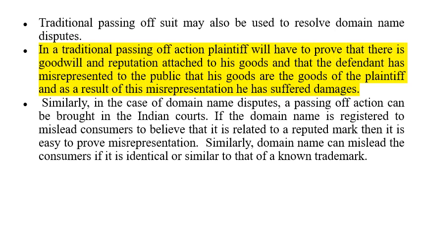In a traditional passing off action, the plaintiff will have to prove that there is goodwill and reputation attached to his goods, and that the defendant has misrepresented to the public that its goods are the goods of the plaintiff per se, and as a result of this misrepresentation he has suffered damages, right?